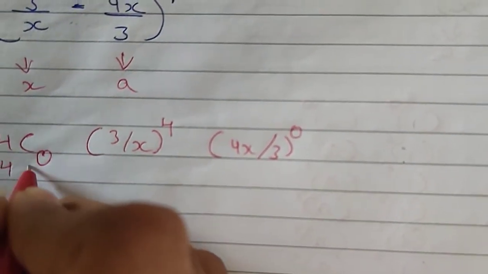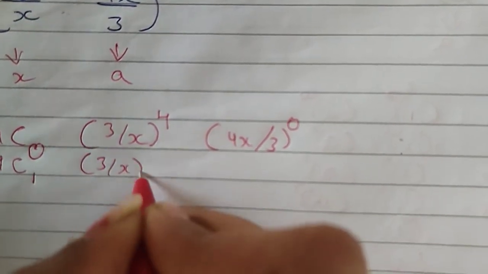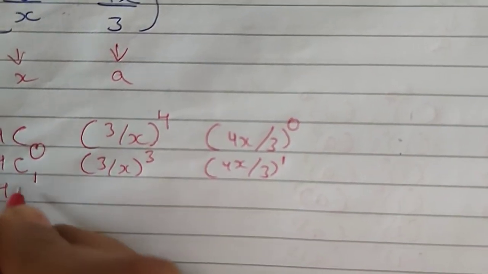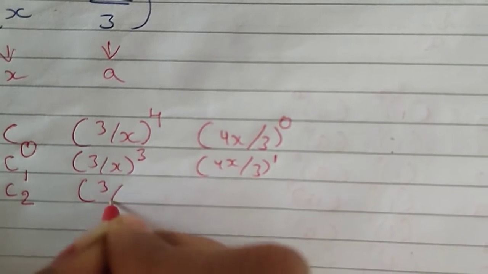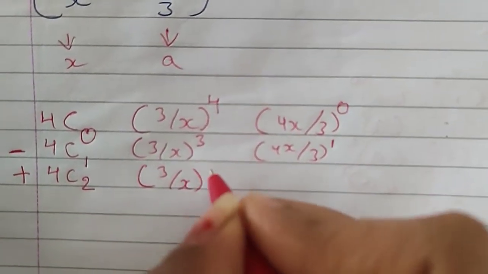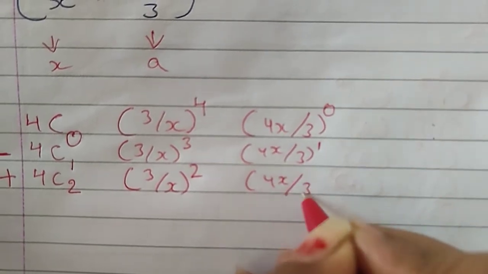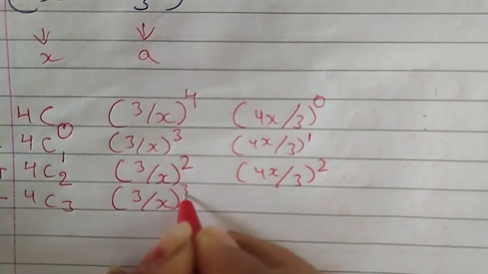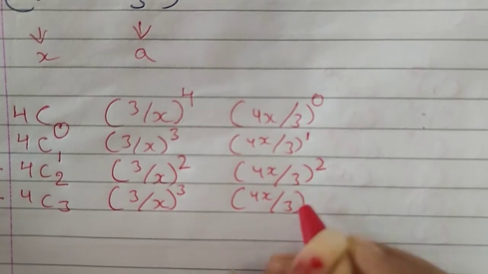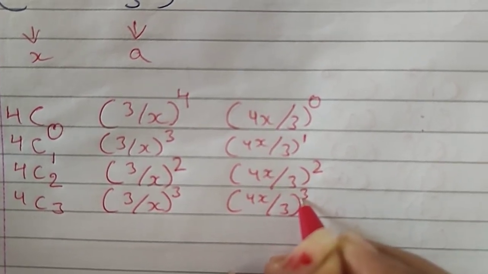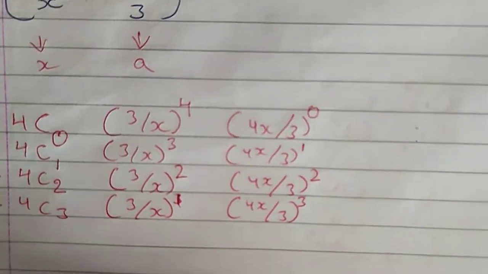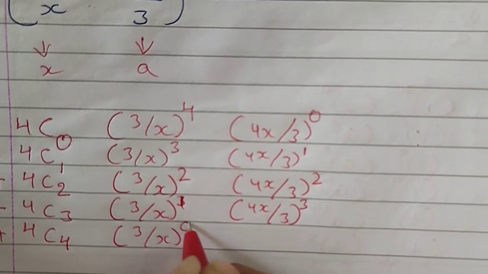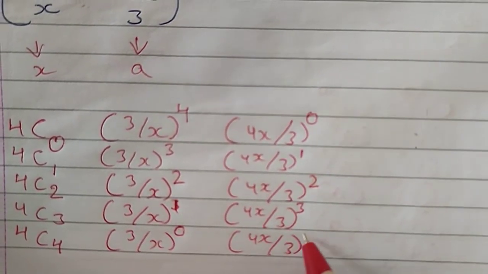So minus 4C1 (3/x)^3 (4x/3)^1, plus 4C2 (3/x)^2 (4x/3)^2, minus 4C3 (3/x)^1 and (4x/3)^3, plus 4C4 (3/x)^0 and (4x/3)^4.